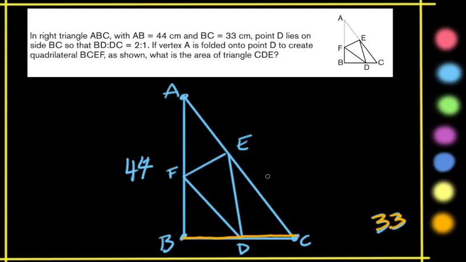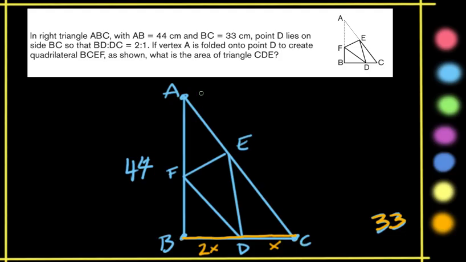It says point D lies on the side BC so that the ratio BD to DC is 2 to 1. So if this is x then this is 2x, for example. Is that right? BD to DC is 2 to 1, yeah.